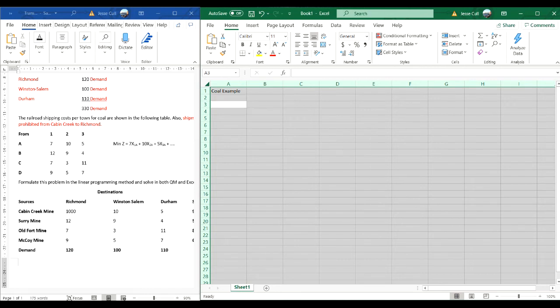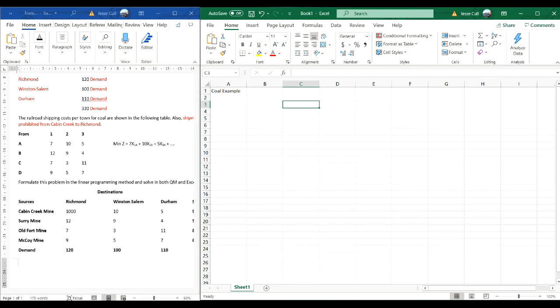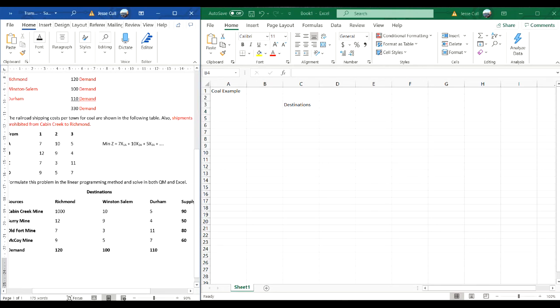We'll start over here and mention our destinations. All we're essentially setting up is this table. If we set up this table, these problems become very easy to solve.